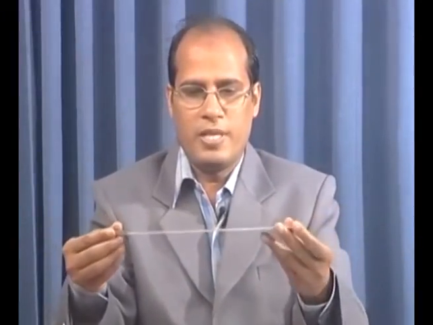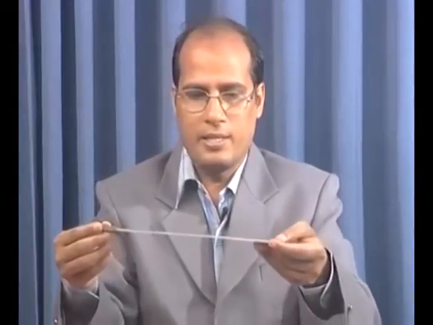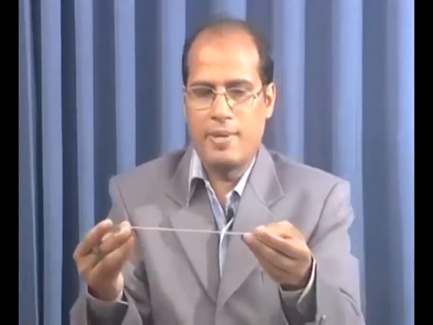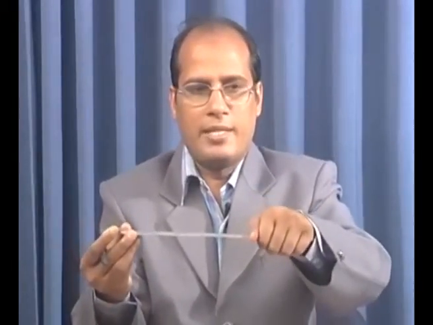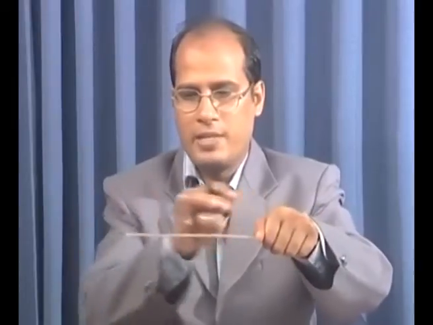Let us take this system, this beam. Let me take a cantilever beam. In a cantilever beam, one side is fixed and the other side is free. So this is the figure of a cantilever beam, and I have attached a mass here.